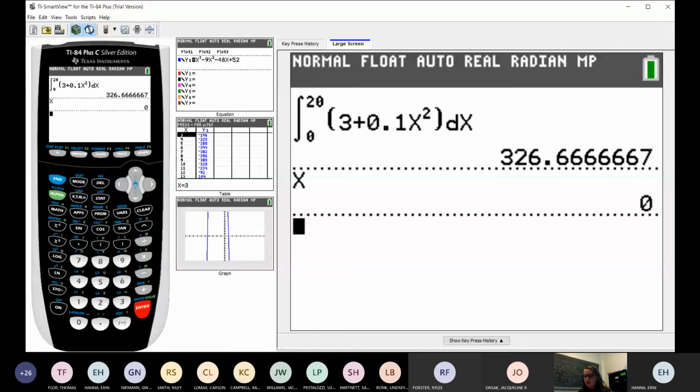You do not want to use the X button from Alpha Sto. You can also hit Alpha Sto to get an X, but you don't want that one. You must hit the XT theta N button. Otherwise, it's going to give you the wrong answer because you probably have something stored in for X when you shouldn't.